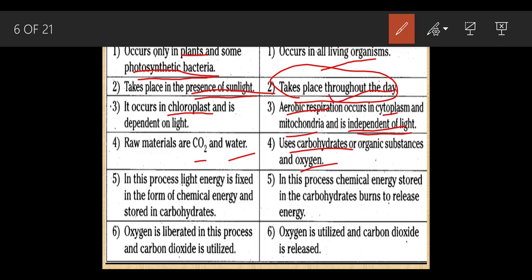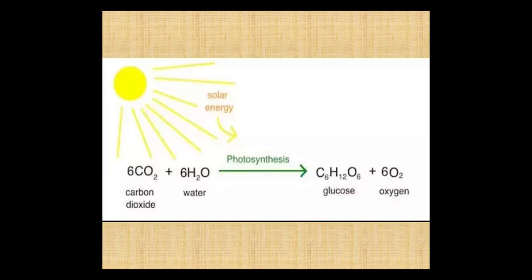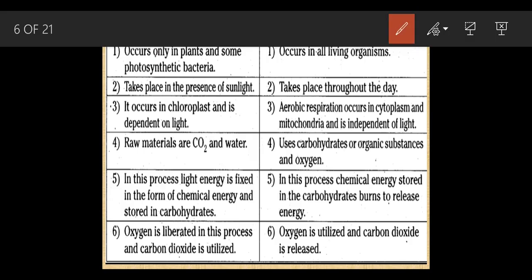In photosynthesis, light energy is being converted into chemical energy. As in the previous part, this was the solar energy, the sun rays falling on the leaf of the plants. Now this is the light energy, and with the help of it, it gets fixed in the form of chemical energy.